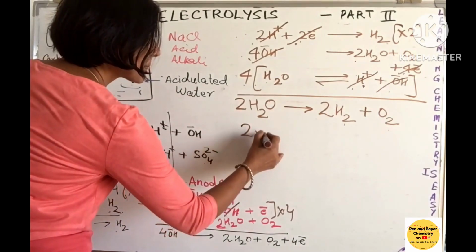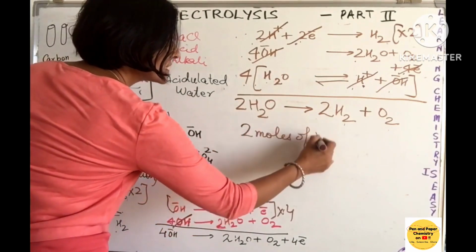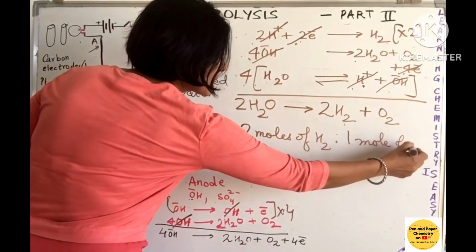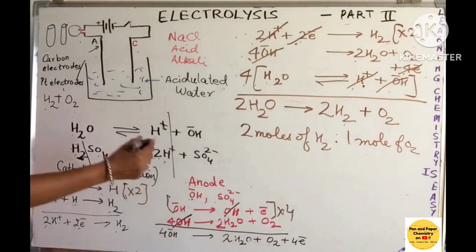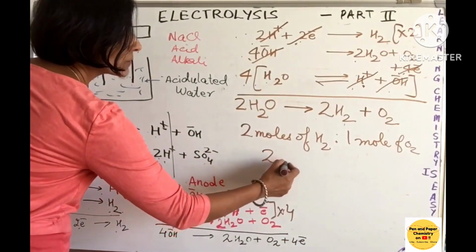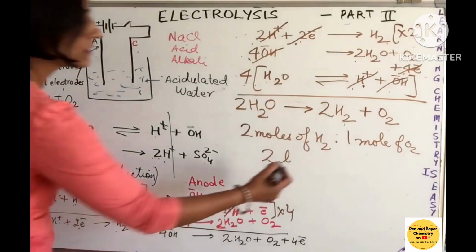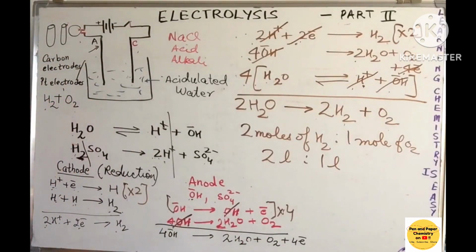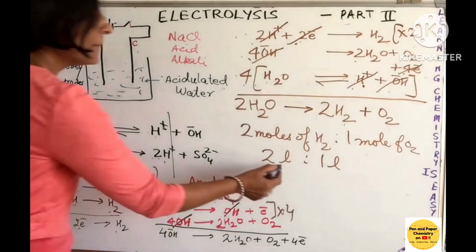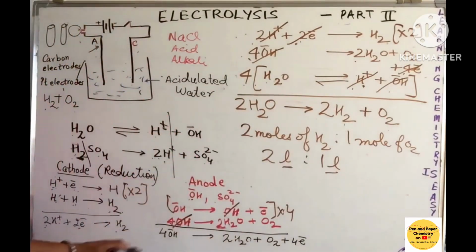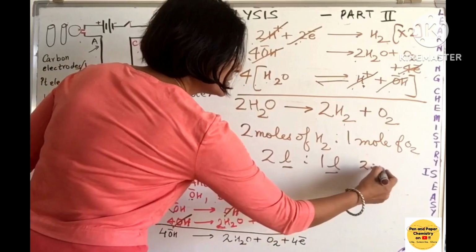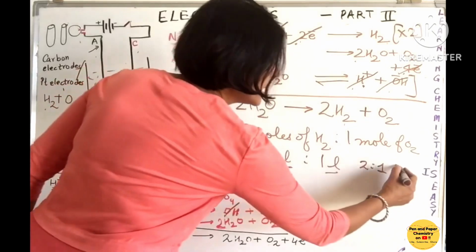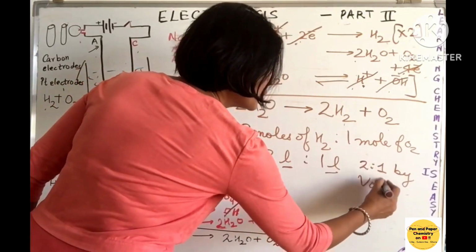Now if you remember Gay-Lussac's law, 2 moles here would be 2 volumes or 2 liters or 2 milliliters or 2 cc, and 1 cc, 1 liter, whichever unit you choose to express it in, but they should be the same. Basically saying that the ratio of hydrogen to oxygen is 2:1 by volume.